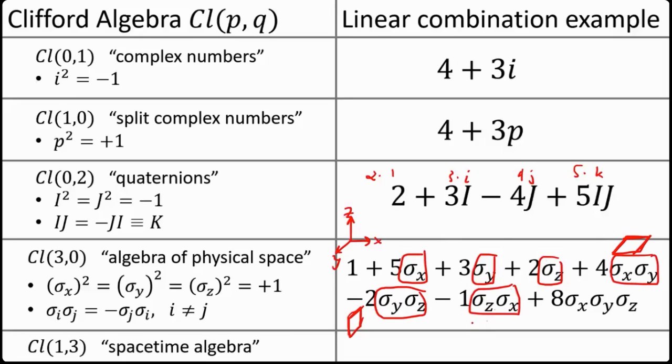And then x, z would be a plane like this. And then that's the trivector, which is kind of like a cube. So instead of just dealing with vectors, you deal with all the possible combinations of shapes that you can get with vectors of all the different dimensions. I guess the scalar would be like a point.